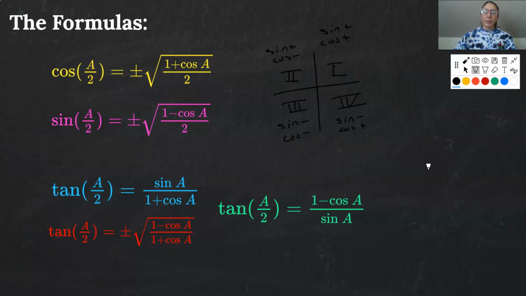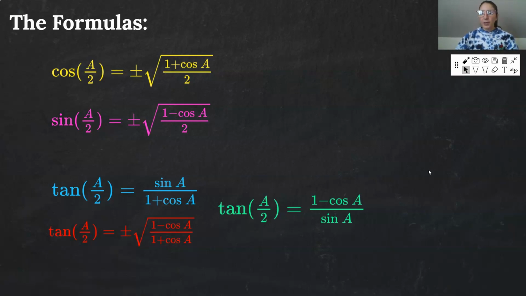Y-axis is negative down here. Cosine acts like the x-axis. X-axis is positive over here. X-axis is negative over here. So you figure out if you use the plus or minus version depending on what quadrant your angle terminates in, and then think, okay, should sine be positive or negative here? Or should cosine be positive or negative here? And that's how you tell.